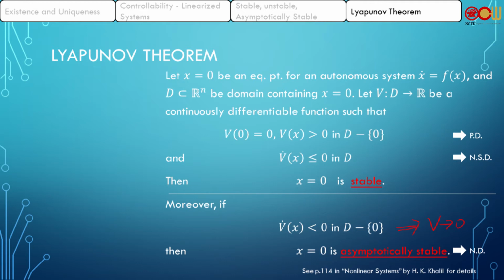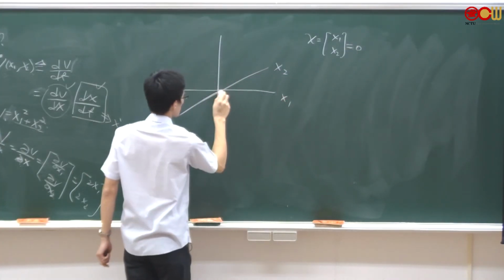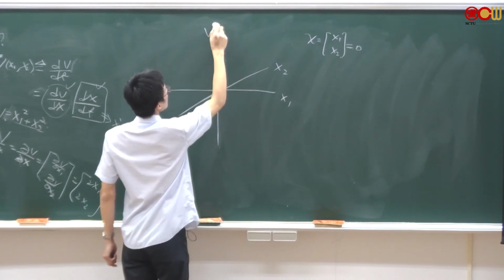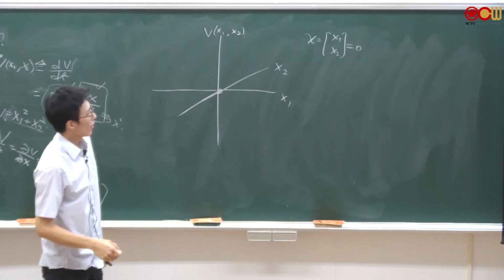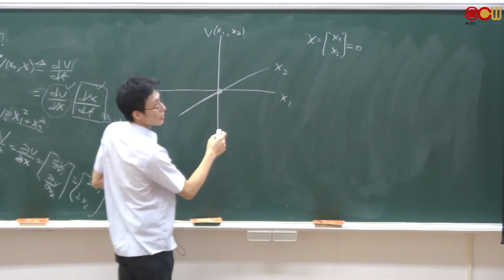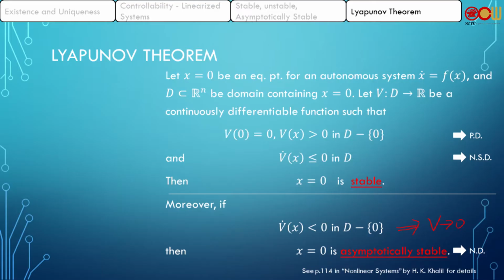So it says, given x equal to 0 is an equilibrium point for an autonomous system.